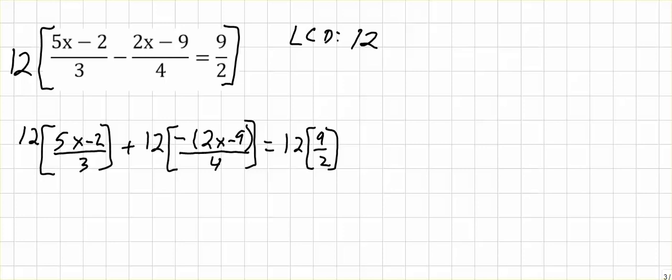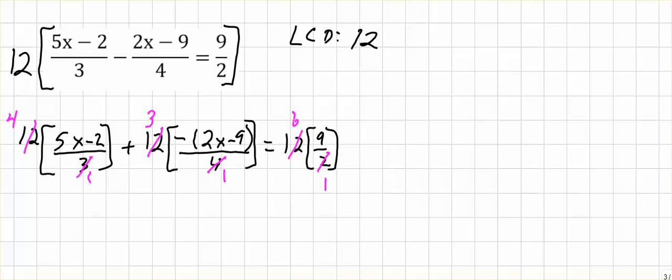So now if we look at this first term, we have 12 times some quantity with a divisor. So what we can do is actually cancel. 3 goes into 3 once, 3 goes into 12 4 times. The next one, 4 goes into 4 once, 4 goes into 12 3 times. And then the last one, 2 goes into 2 once, and 2 goes into 12 6 times.